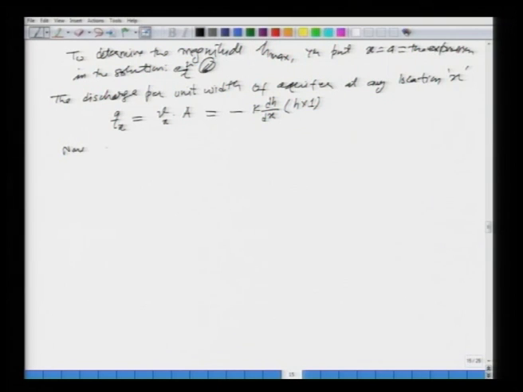Now, I had just derived the equation for dH dx, which was minus of W x over k plus h 0 square minus h 1 square minus W L squared by k, this whole thing divided by 2L.